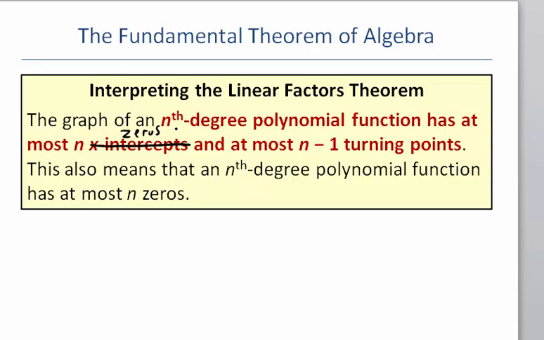And at most n minus 1 turning points, which means that if your polynomial is x to the third minus x squared plus 4x minus 7 with a degree of 3, that you have at most 3 zeros and at most 2 turning points. Now remember, a turning point is a place where the graph changes direction.